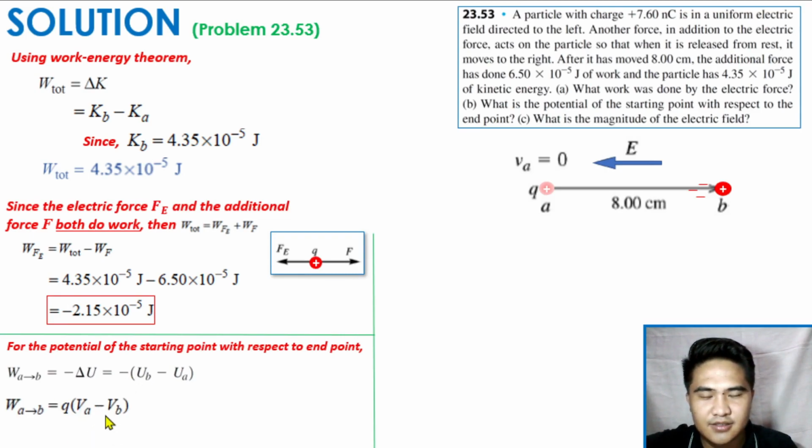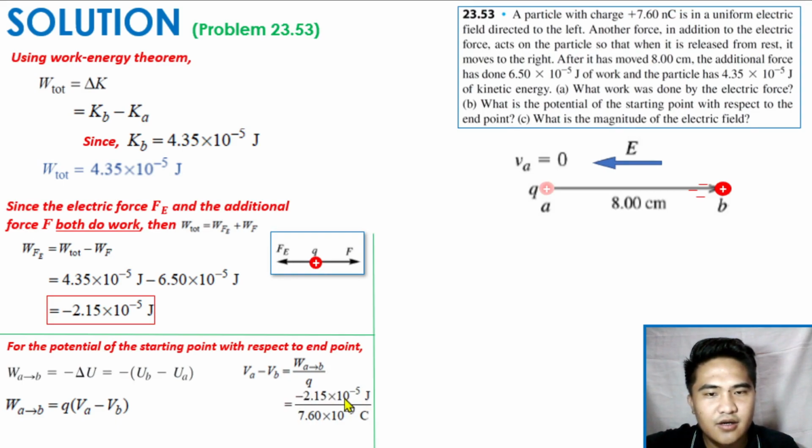So work from A to B is equal to q times the quantity potential A minus potential B. Rearranging this equation, potential A minus potential B is equal to work from A to B over the charge. Substituting the values, this is the work and this is our charge, giving us negative 2.83 times 10 to the 3 volts.